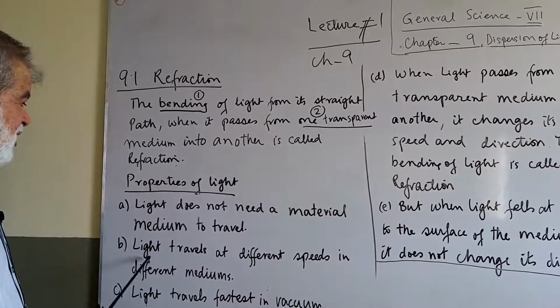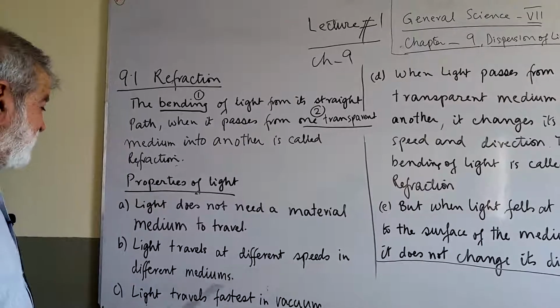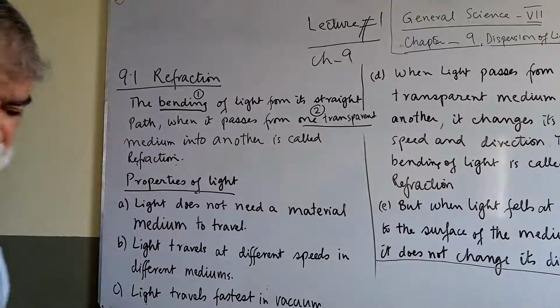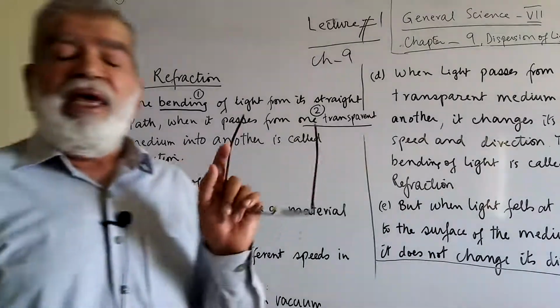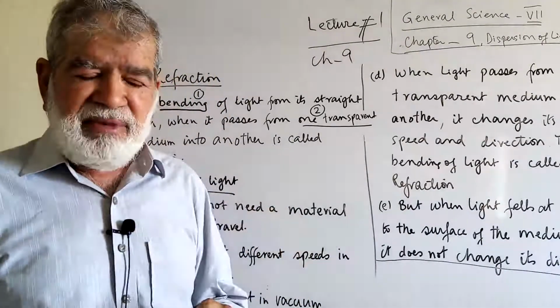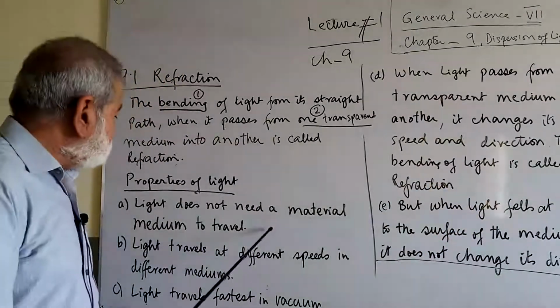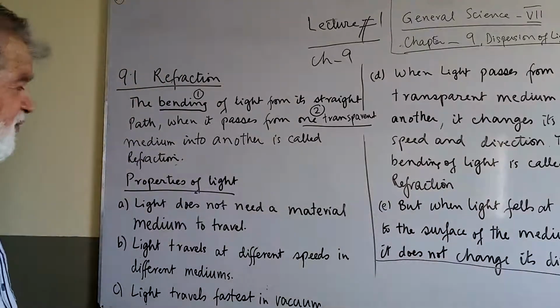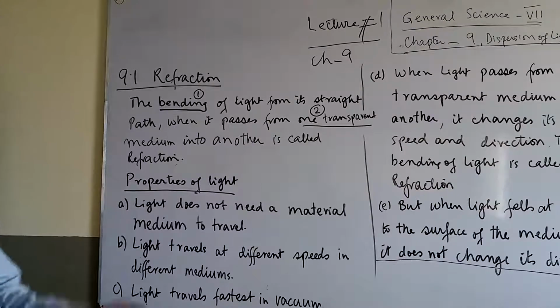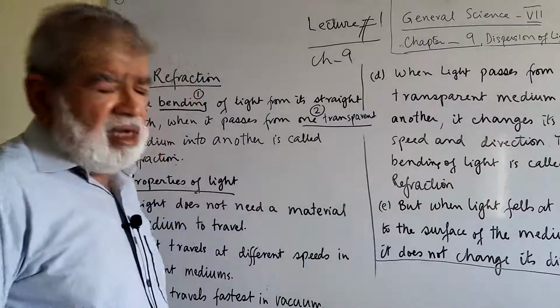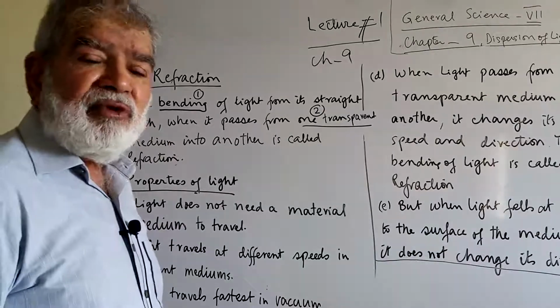Second property, light travels at different speeds in different mediums. Now this is important to understand कि जब रोशनी एक ट्रांसपेरेंट मीडियम से दूसरे ट्रांसपेरेंट मीडियम में जाती है तो उसकी जो स्पीड है वो डिफरेंट होती है. मुख्तलिफ मीडियाज में रोशनी की रफ्तार मुख्तलिफ होती है.